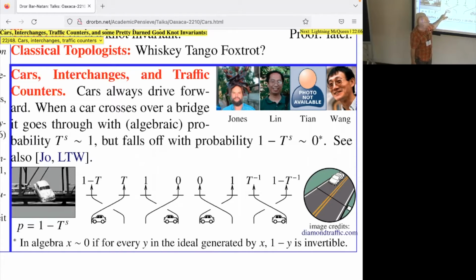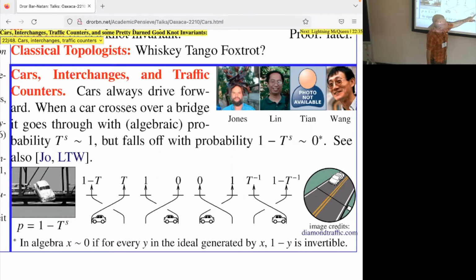So if it starts here, it comes out with probability t on the upper strand, but with probability 1 minus t, it falls down to the lower strand, like this picture here. And we are thinking of this as if t is close to 1, and 1 minus t is close to 0. So most cars pass through, but occasionally a car falls down.